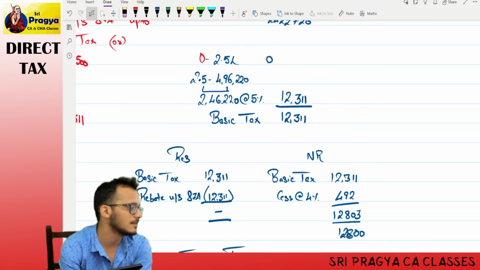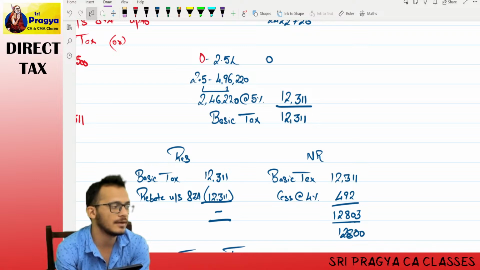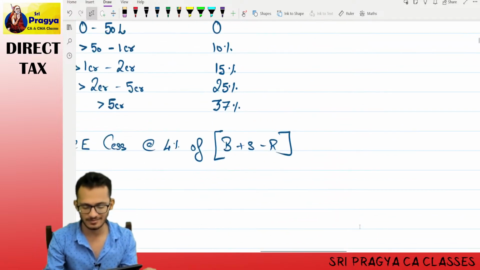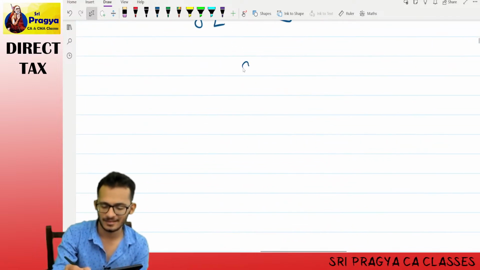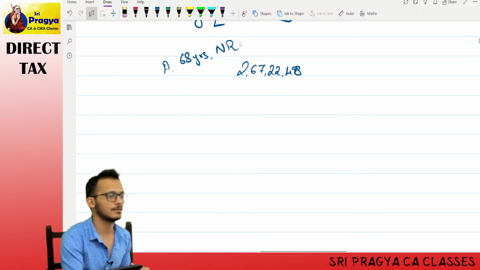Income is 2 crores 67 lakhs 22,498. You are Mr. A, 68 years, NR. Compute tax top to bottom fully.